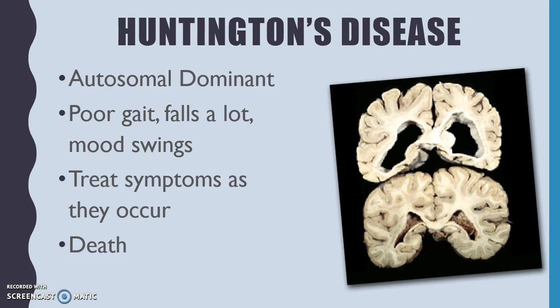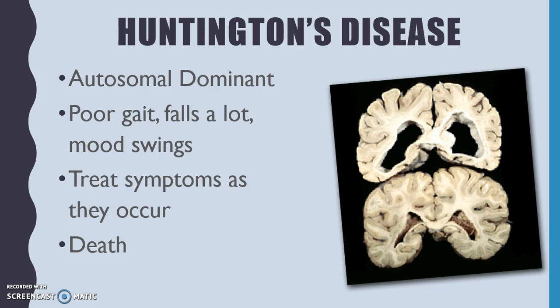Now, treatment for Huntington's disease can only be provided for the symptoms as they occur. For example, if you have poor gait and you fall a lot, you might be treated by having a walker or being given a wheelchair, or you might have your cuts and bruises bandaged as appropriate.